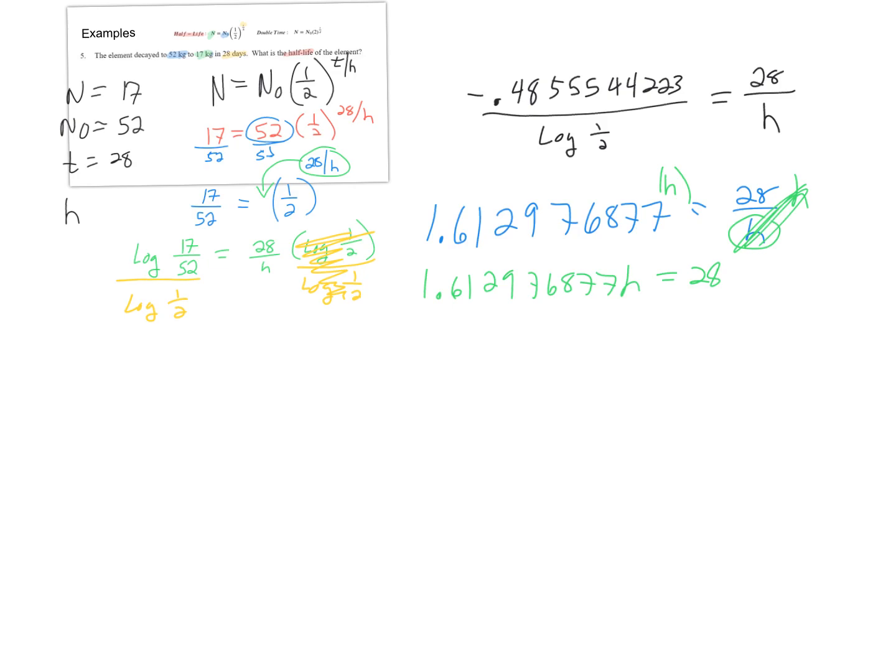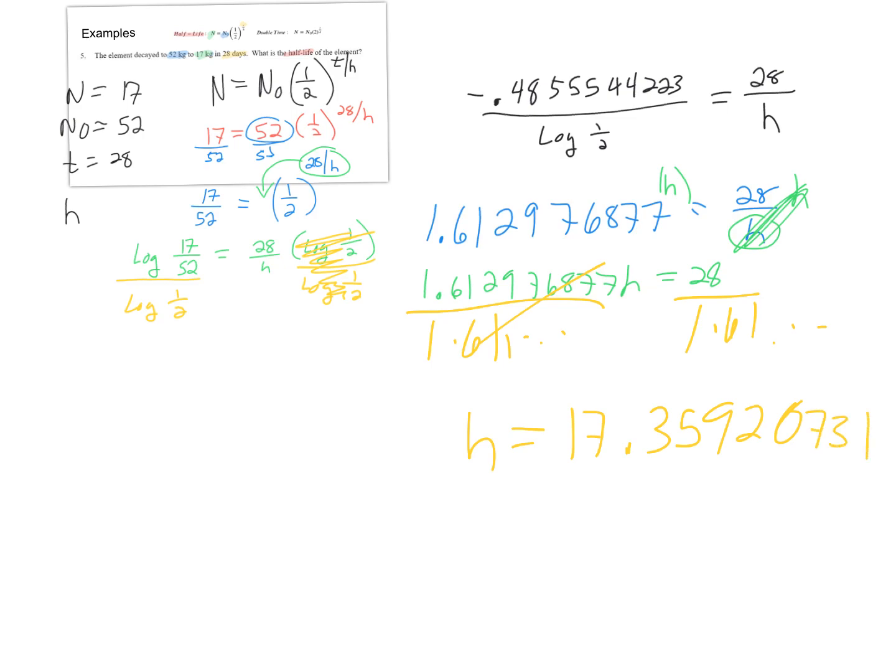All right, so now at this point, I'm going to divide by the 1.61 blah, blah, blah. And again, that's all on your calculator. It's all saved. Hopefully you have a calculator that has an ANS button. So all you have to do is type 28 divided by that previous answer. Or worst case scenario, you have to type that back in. In the end, you should get 17.35920731.